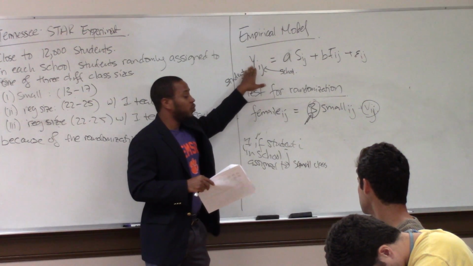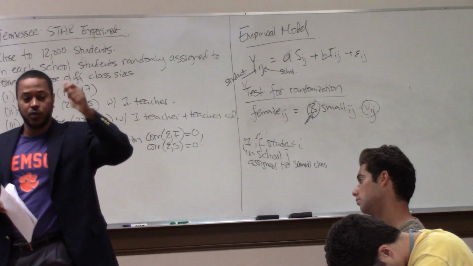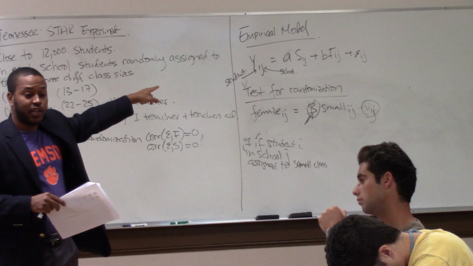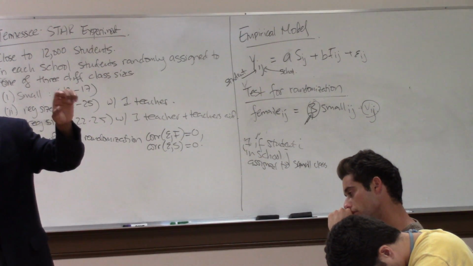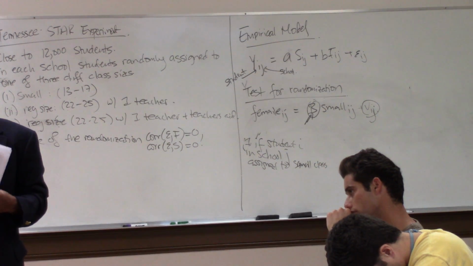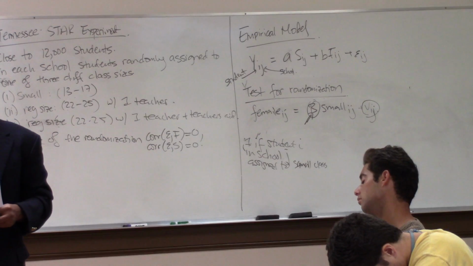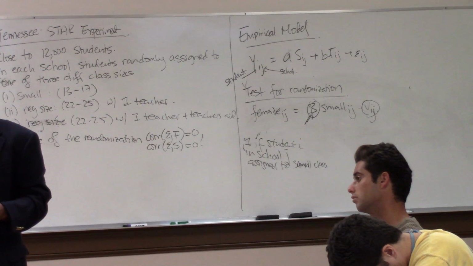Going from a large class to a small class turns this indicator variable Sij into a 1, and then we have a beta on that Sij equal to 0.18. So what that means is that if you're in a small class, you're on average going to do about 0.18 standard deviations higher on the test for kindergartners. Does everybody understand that?